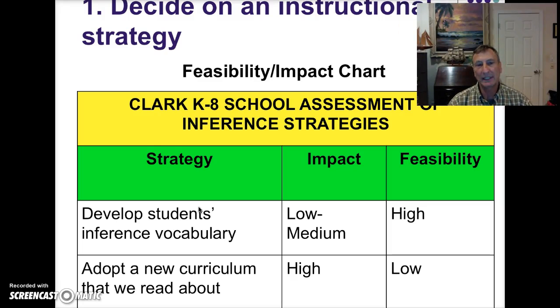So when we're looking at Clark School here, we're looking at develop the student's inference vocabulary. Impact, very possibly, as you see here, low to medium. Feasibility, very high. Adopt a new curriculum, impact, very high. Feasibility, very low.